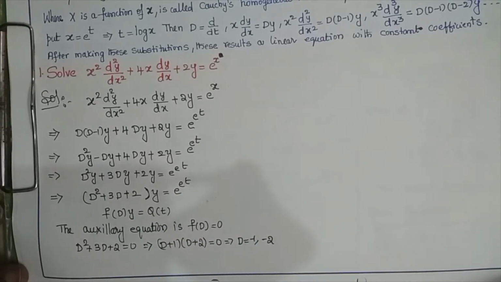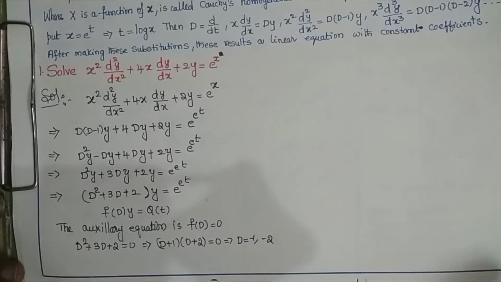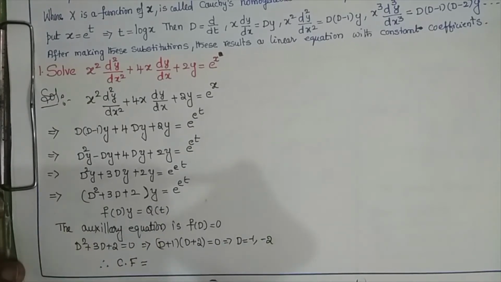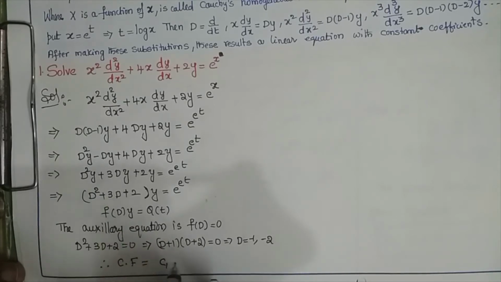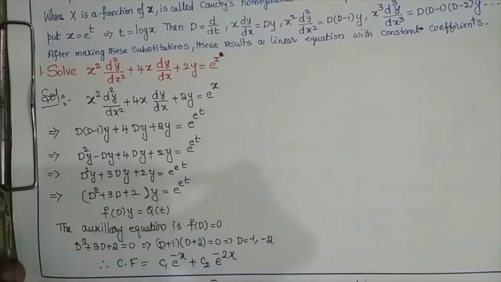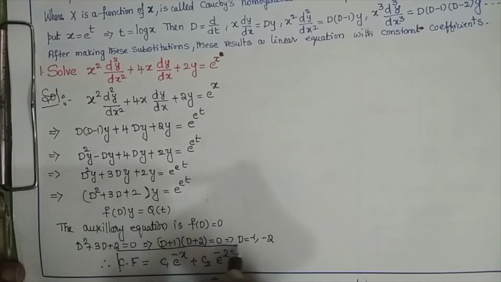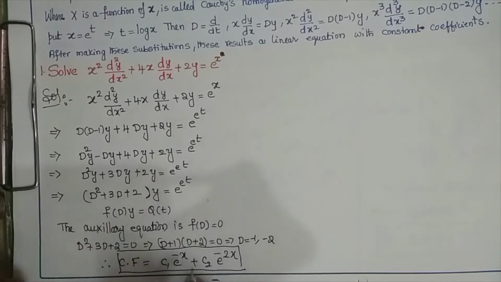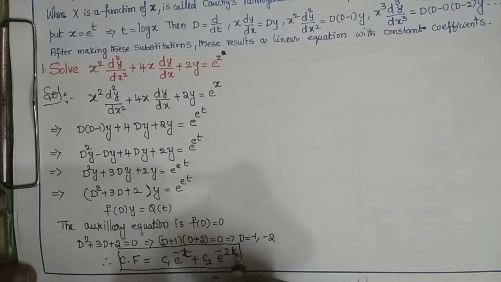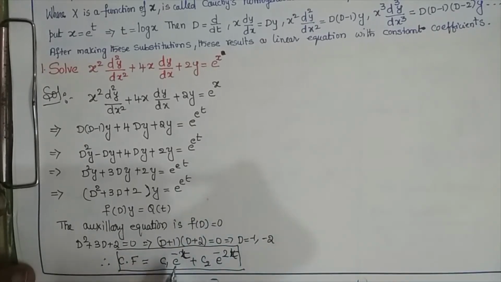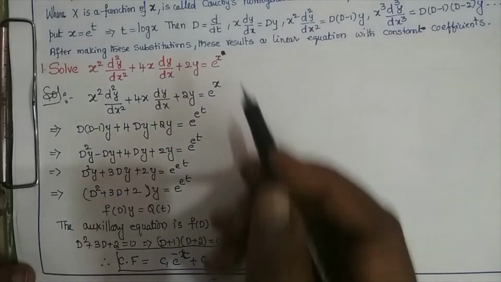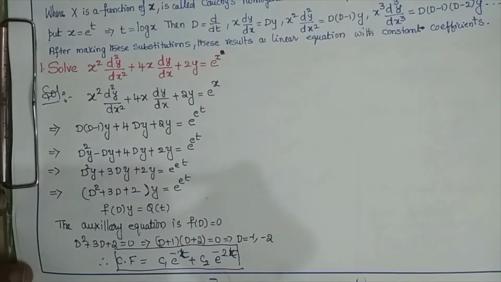These roots are real and not repeated, so the complementary function can be written as CF = C1 e^(-x) + C2 e^(-2x). This is the complementary function. Actually we have taken it in terms of t, so we can replace: C1 e^(-t) + C2 e^(-2t), because here D is d/dt.